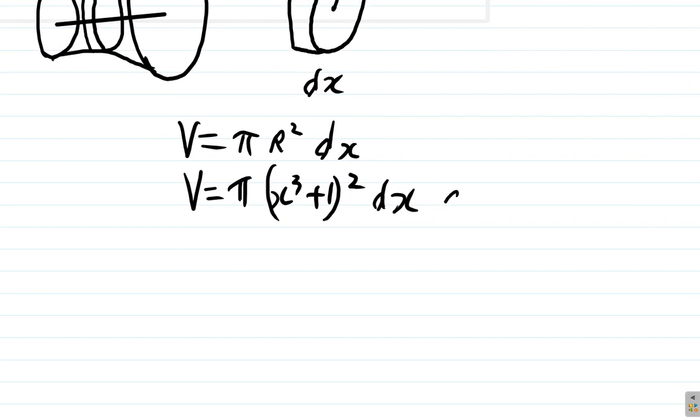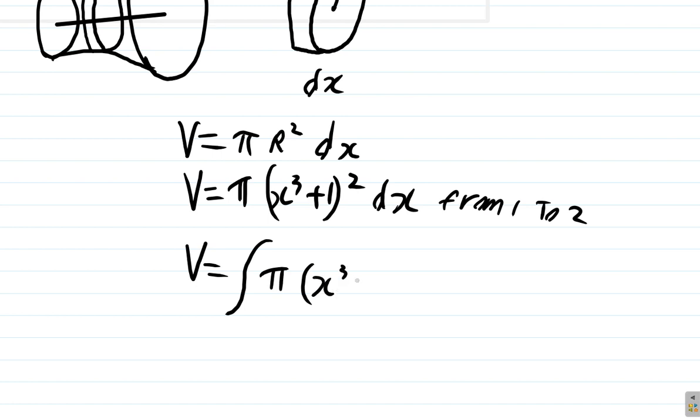So the volume is the integral of pi times (x cubed plus 1) squared dx, but you're going from 1 to 2. So it's a definite integral from 1 to 2. You're going to integrate this.